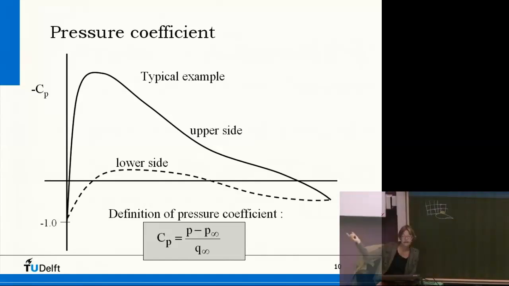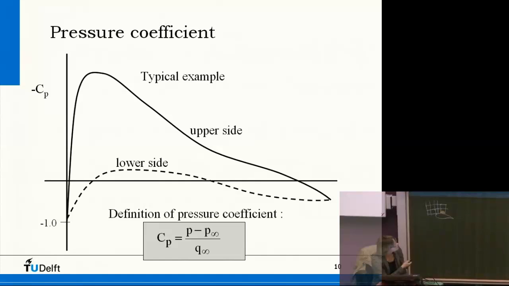So you have way before your wing or aircraft, before the flow actually knows there's going to be an aircraft there. For example, in your wind tunnel, we typically say, okay, we keep the aircraft still and we let the flow over it. So it's the conditions in your wind tunnel upstream of your aircraft.